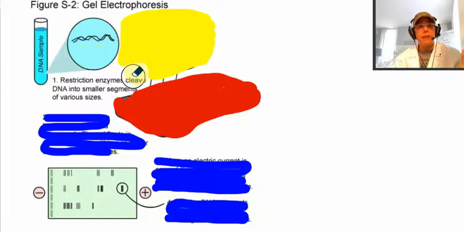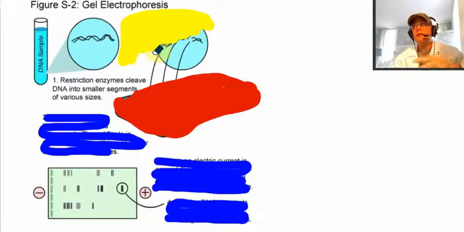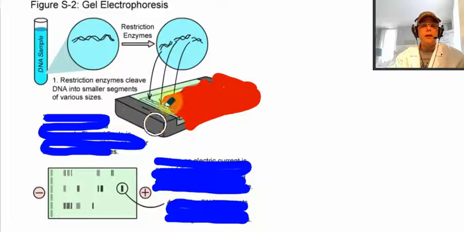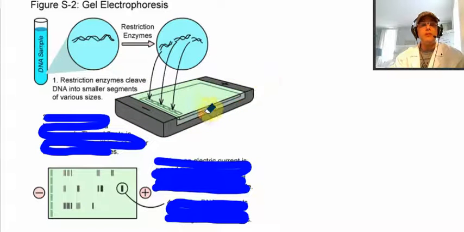They cleave, meaning cut, DNA into smaller segments of various sizes because the code of the DNA is going to vary as you go down the length. So it's going to find multiple locations. Okay, so here are the different sizes of DNA, and you load it into the electrophoresis chamber, into the gel.